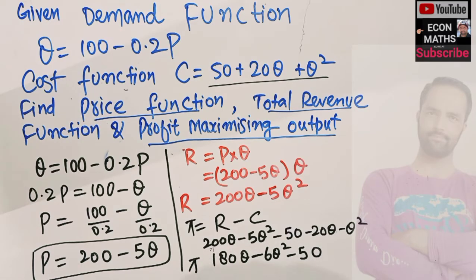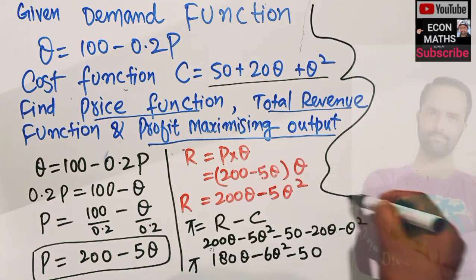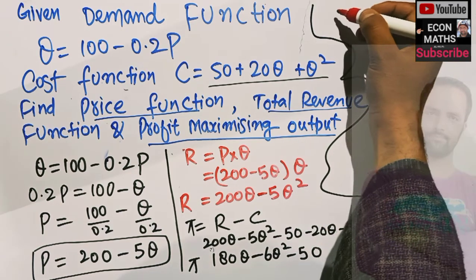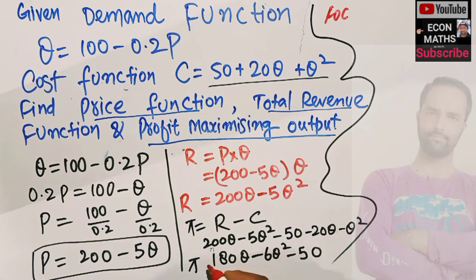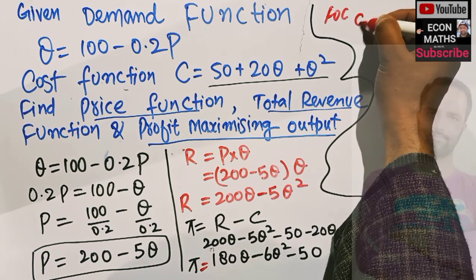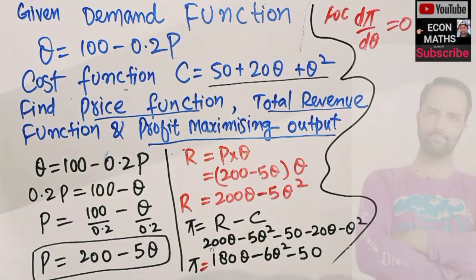Now, the first order condition for profit maximization requires that our marginal profit should be equal to 0. That means d pi upon dq should be equal to 0, meaning we need to find the derivative of this profit function with respect to output.